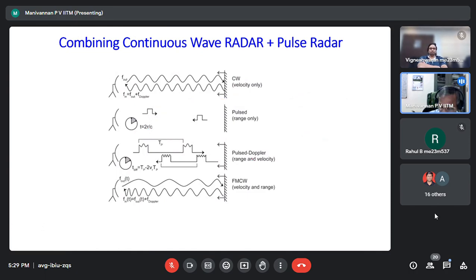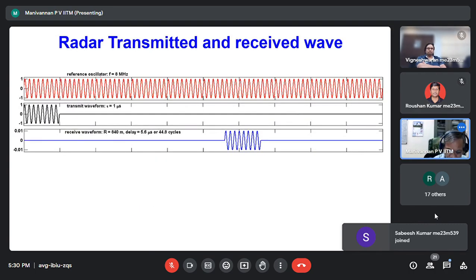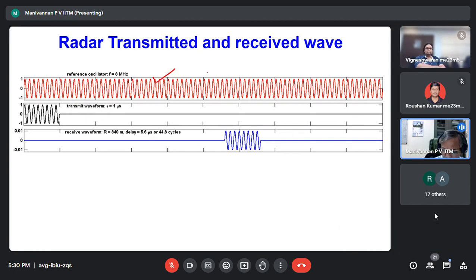Then there is another type of radar we call pulse Doppler radar. I want to find the velocity and the range together. So let me show this figure. This is continuous wave radar. Correct? Doppler radar is going to transmit this kind of signal, then receive the frequency. This is called pulse Doppler radar.